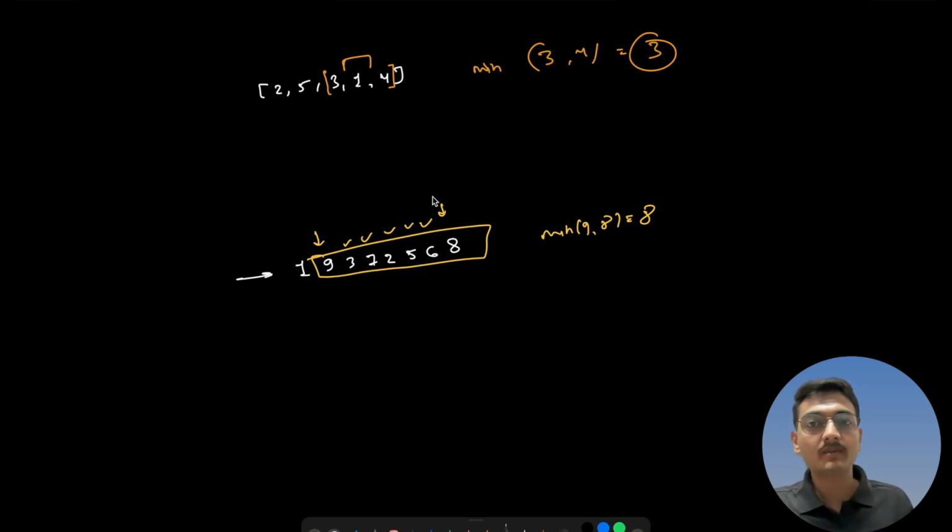So I hope the problem statement is clear. A bowl subarray is basically whatever the minimum of the left side and right side. We have to take left and right such that whatever elements are present in the middle should be less than both of them.